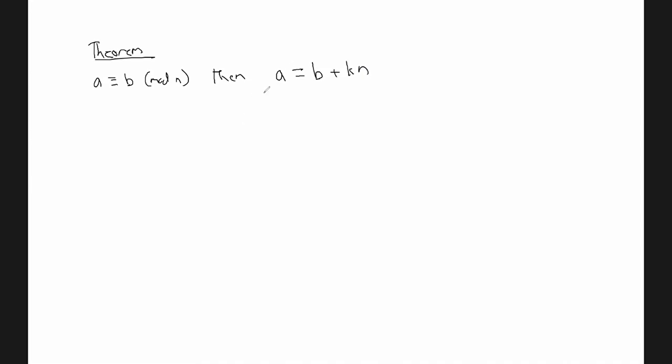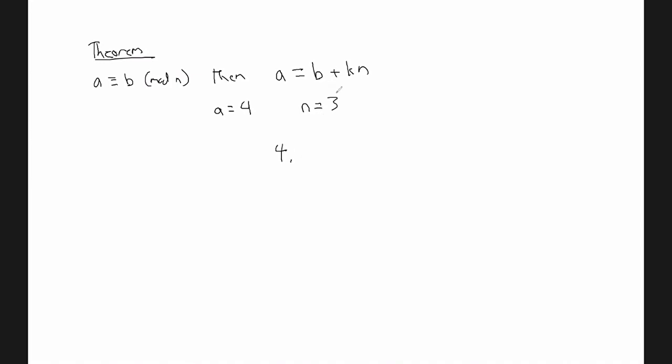And we use this to build up these sets of modulo equivalent things. For example, what if I started with A equals 4 and N equals 3? I wanted to make the set of everything that's modularly equivalent to 4 mod 3.